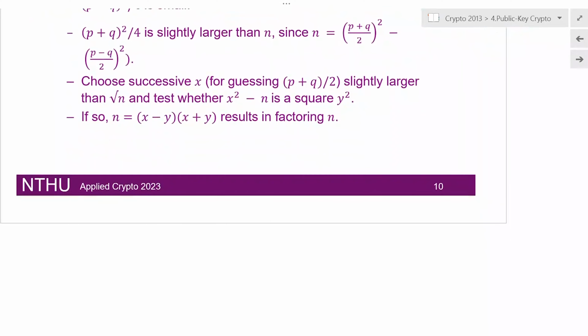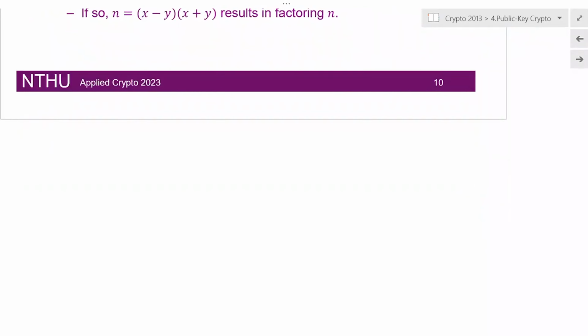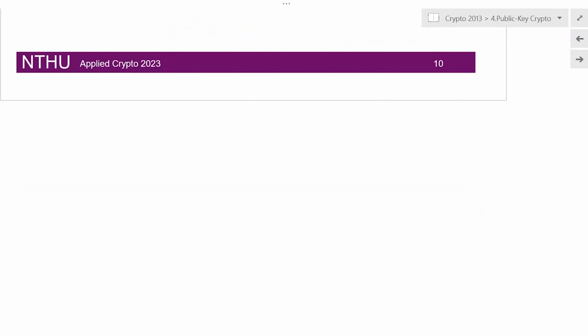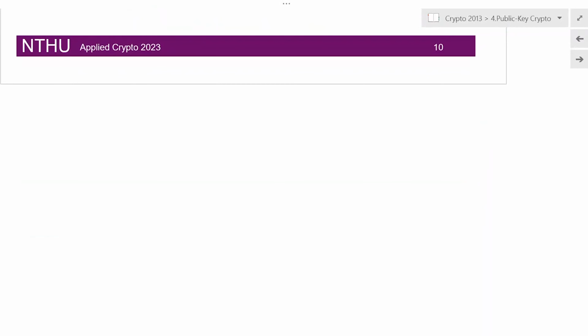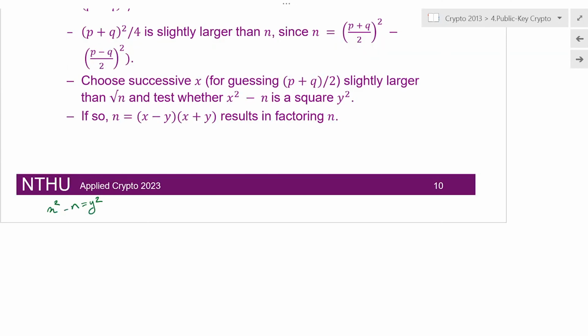So in that note, let me start with some equation. I don't want you to see this whole giant formulas and get confused. So the whole thing starts with a formula called x squared minus n equals y squared. Just remember this one. So let's see what we mean by that.